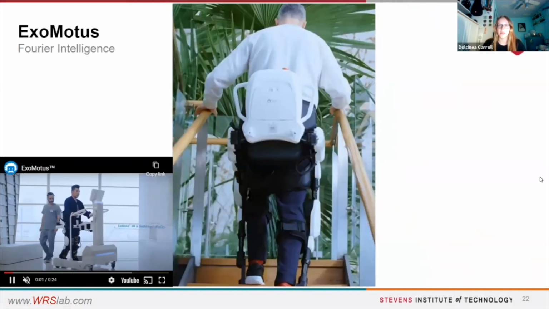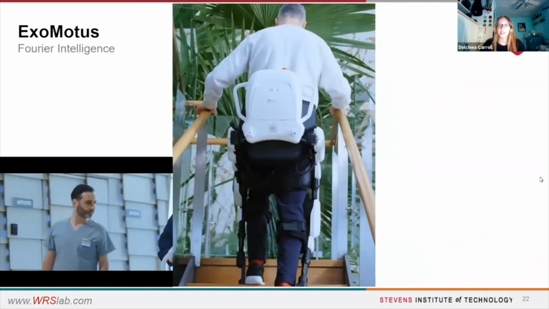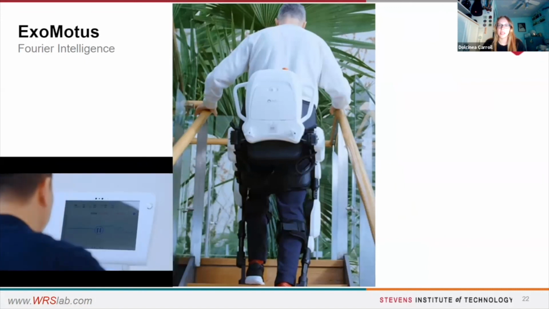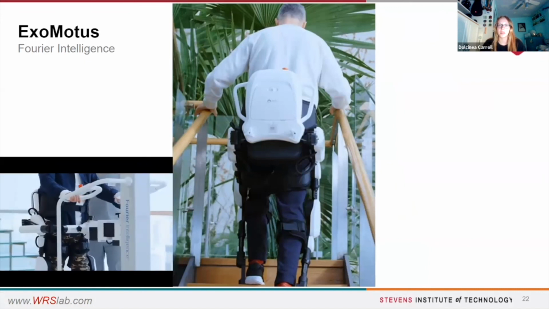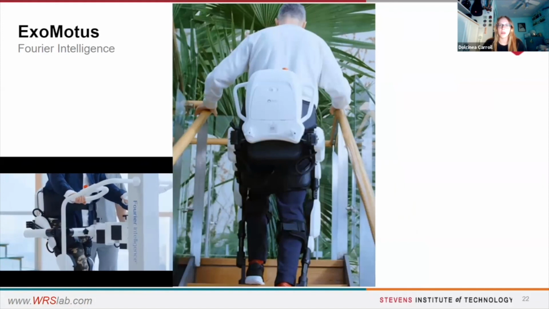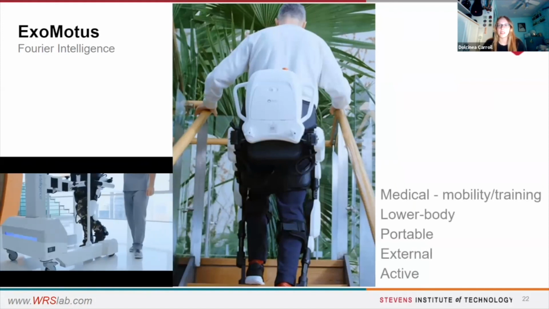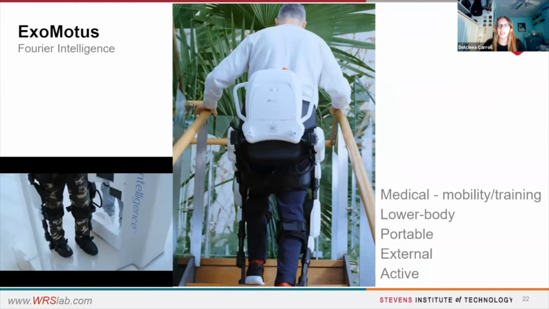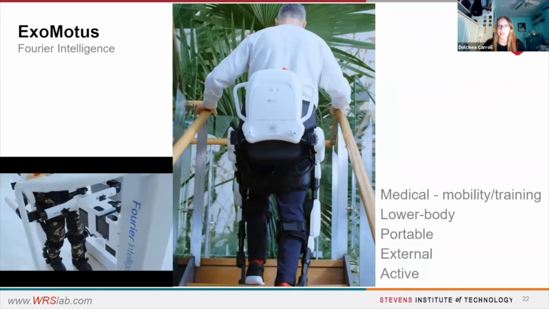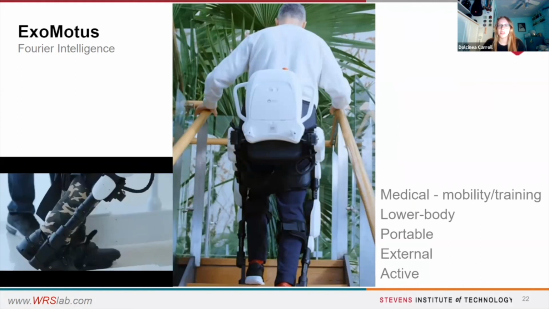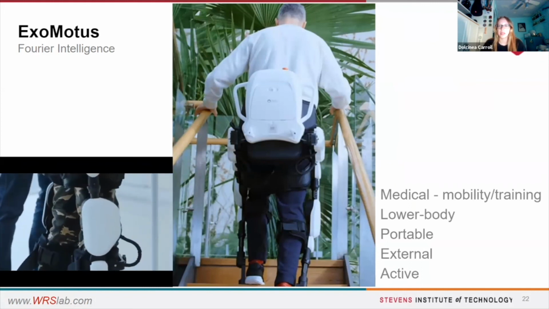Here is the Exomotus. The Exomotus is an exoskeleton to help with safe walking and retraining. For these reasons, the Exomotus has medical applications. In the medical field, it falls under both a mobility aid and a rehabilitation device. As its focus is walking, it is a lower body device.